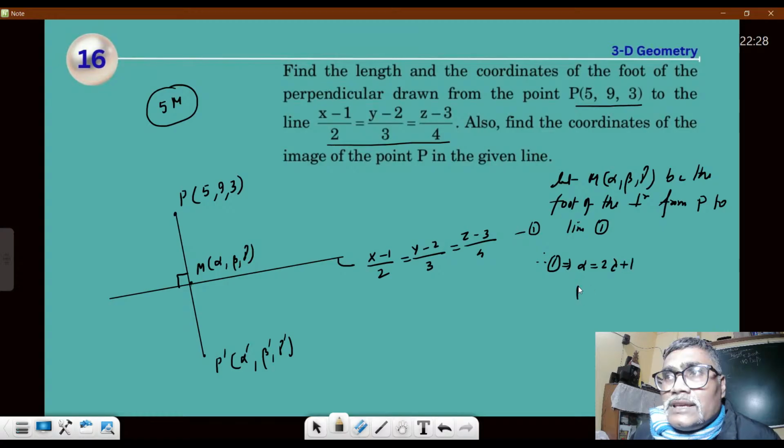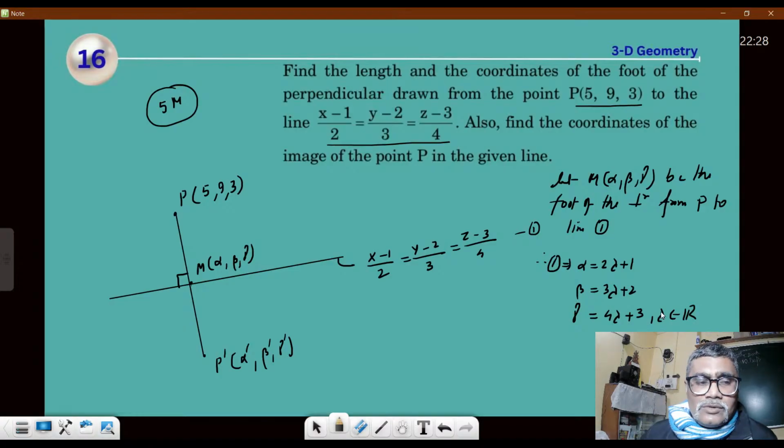Similarly, beta, if I equate this quantity to lambda, I will be getting 3 lambda plus 2, and gamma will be equal to 4 lambda plus 3. Here, lambda is a parameter, which is nothing but a scalar quantity. So I can find a relation of alpha with lambda. The first step is done.